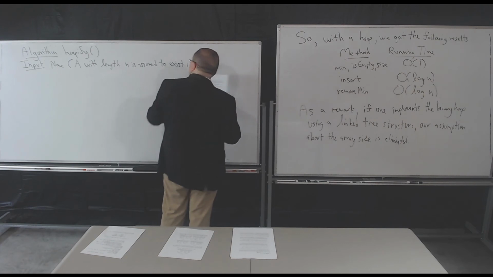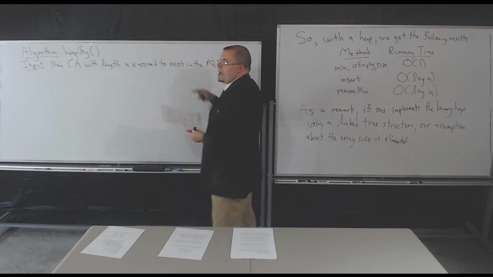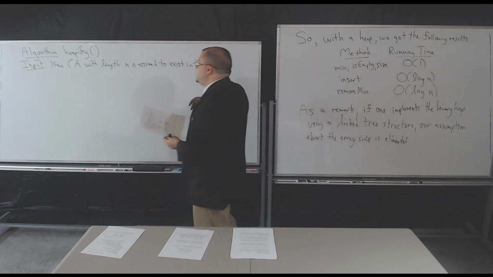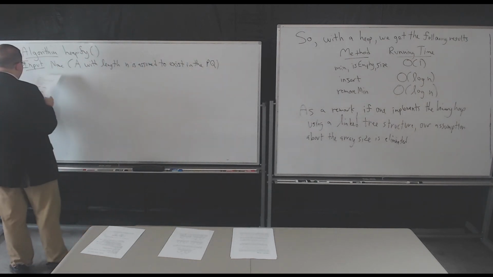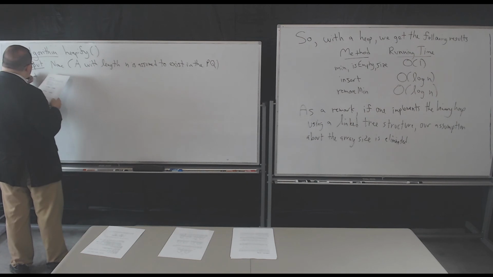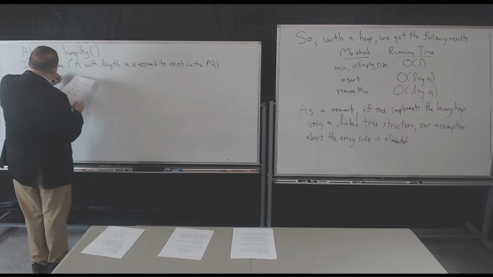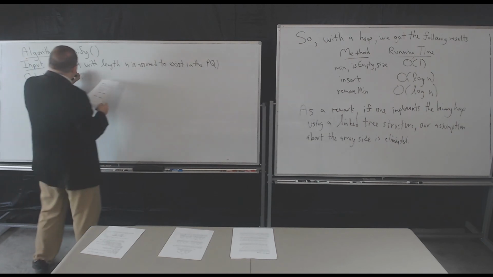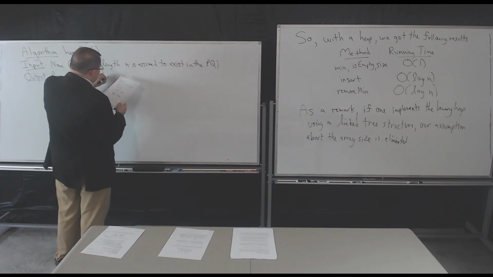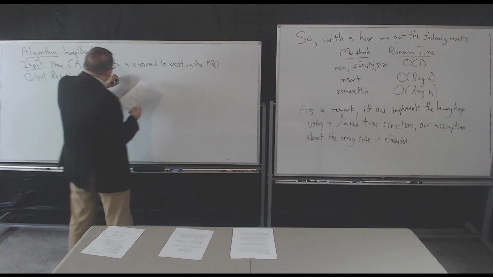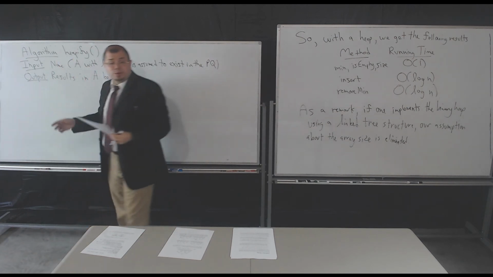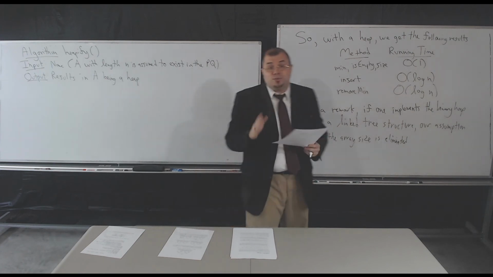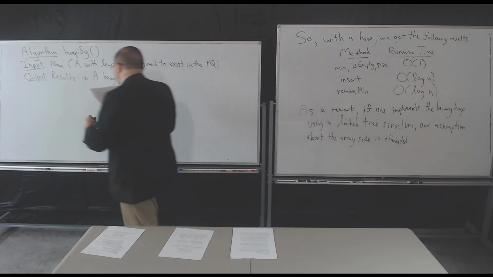Now, if you don't want to make this assumption, you just put the array as the input, or you could just assume it's some other structure that is using the input array A. The key point is that you have access to the array. So I'm going to say results in A being a heap. So I give you some array A, and what it's going to do is turn it into a heap, into a min-heap.